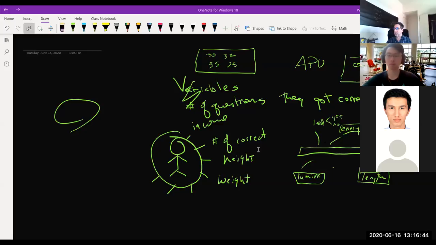And as a review, what is the measurement scale for this variable? So is it nominal, ordinal, interval, ratio, or none of the above? So the number of correctly answered questions, what kind of variable is that?